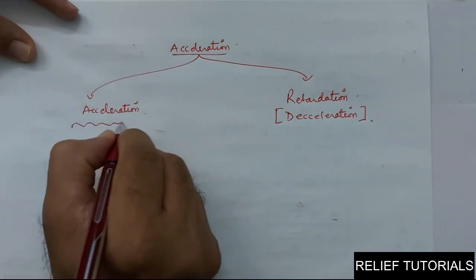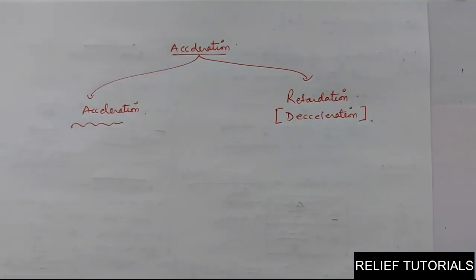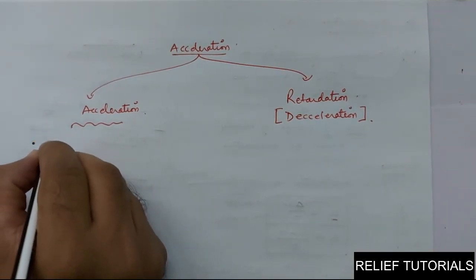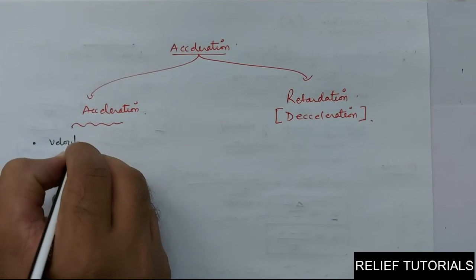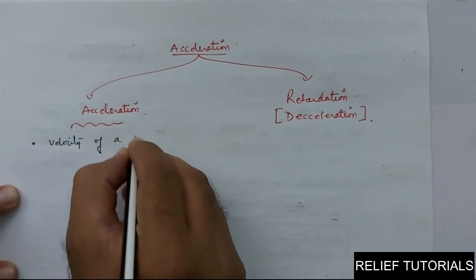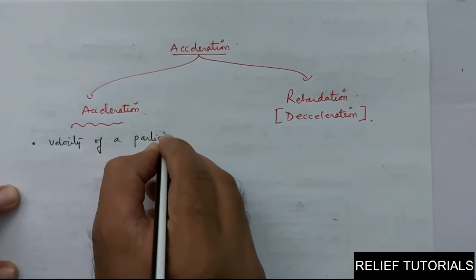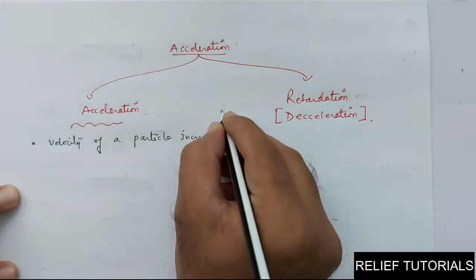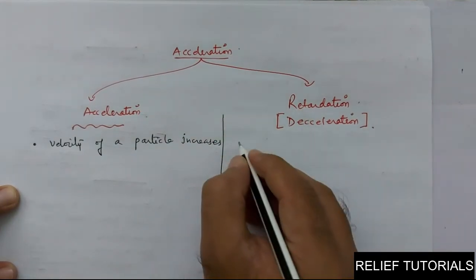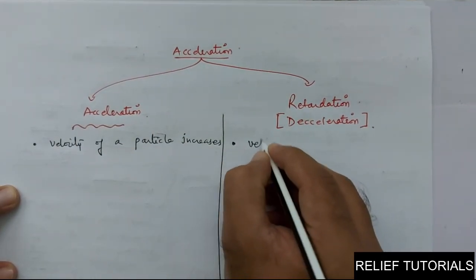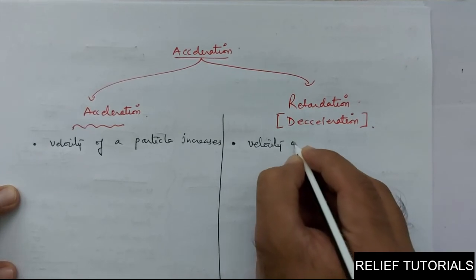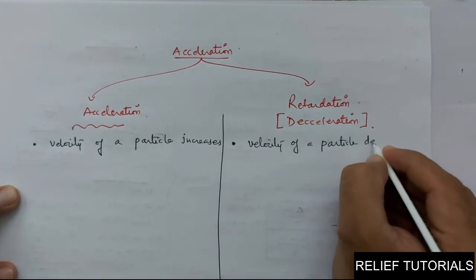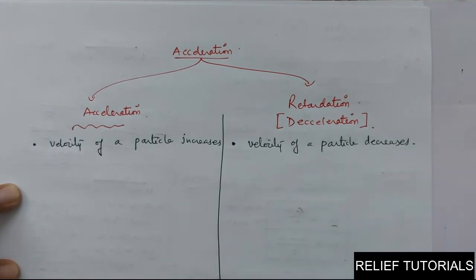Which motion is called acceleration? In acceleration, the velocity of a particle increases. And what about retardation? In retardation, the velocity of a particle decreases.